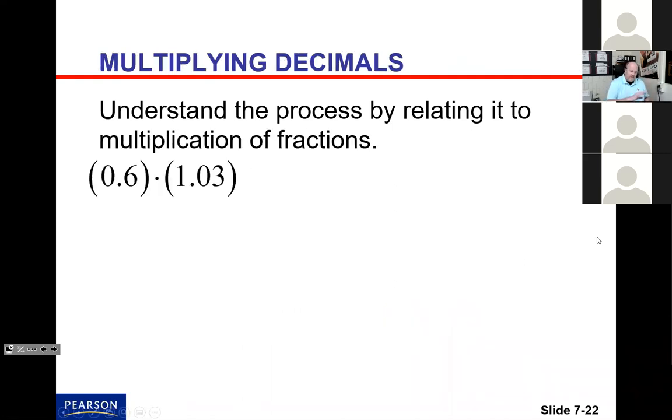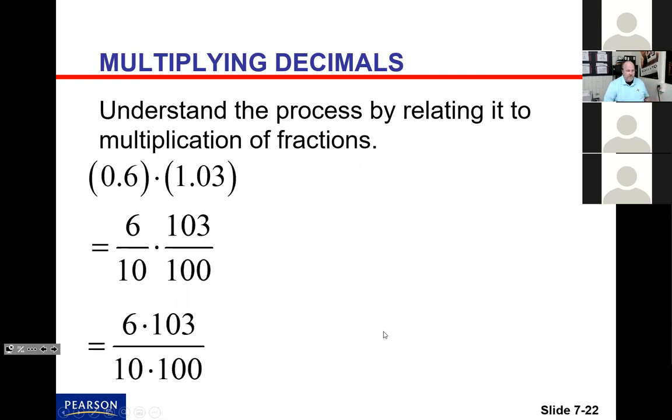Let me show you the way they do it, and then we'll talk about the most common way. The way they do it is they break them down to fractions again. So 0.6 would be 6 over 10. 1.03 would be 103 over 100. And then you multiply like you normally would: 6 times 103 and 10 times 100.